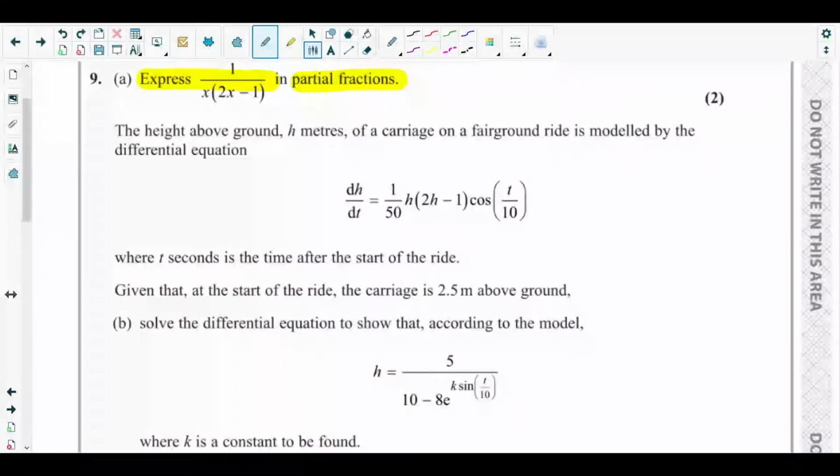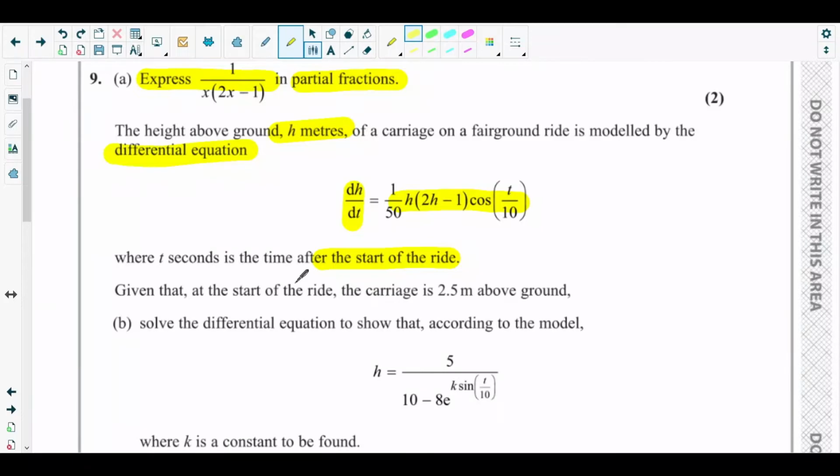Next is part B. In part B, the question says the height h meters above ground of a carriage on a fairground ride is modeled by the differential equation dh/dt equals 1 over 50 times h(2h minus 1) cos(t/10), where t seconds is the time after the start of the ride.